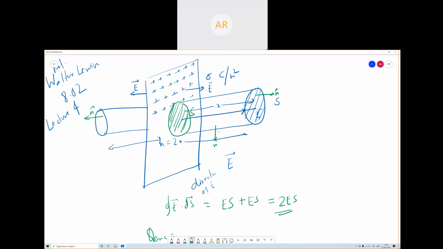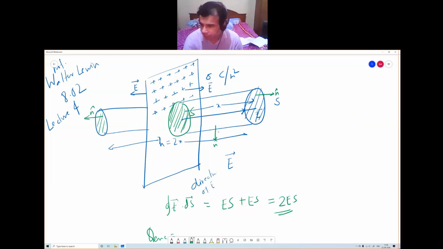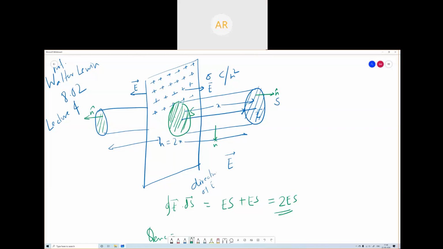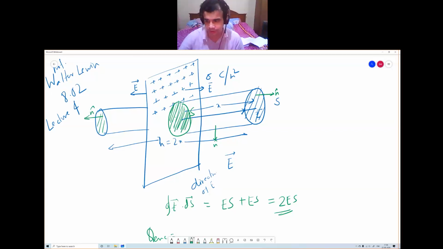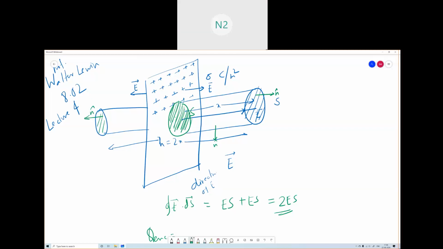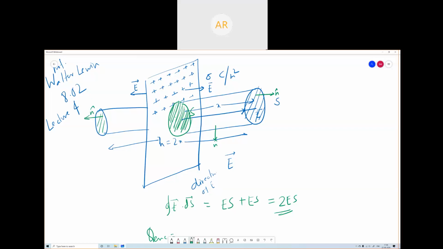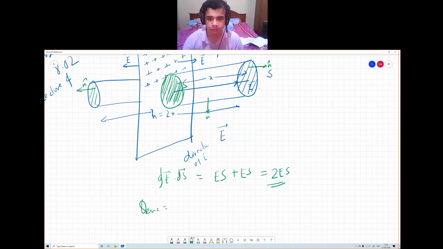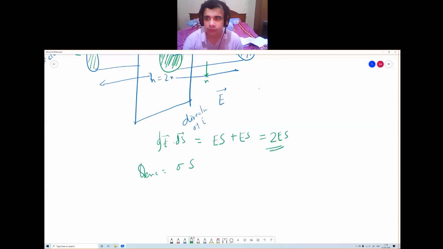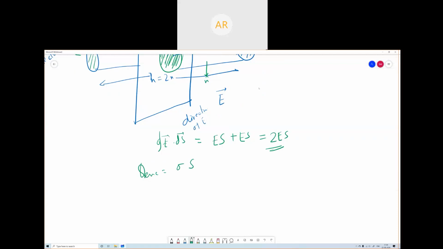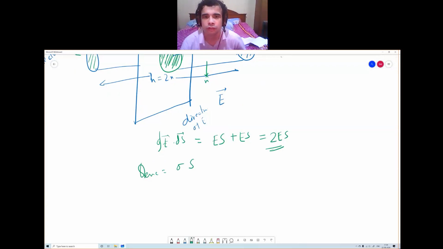If this area is S, then this area will also be S, right? So how much area of the sheet is it taking up? S. So how much charge is it enclosing? Sigma S.